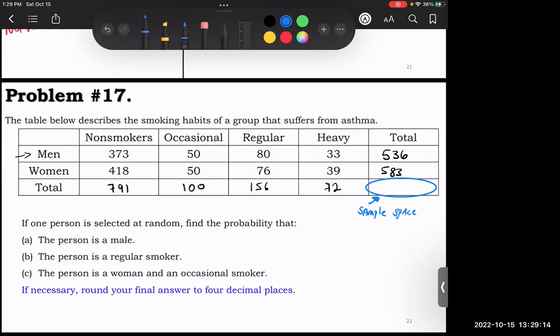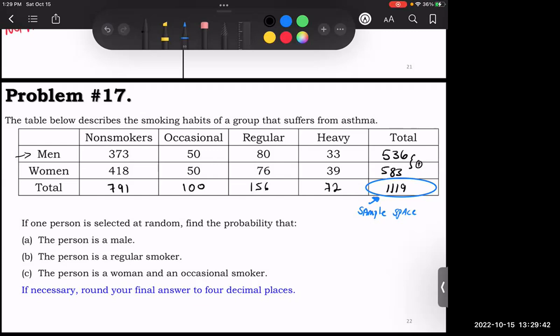If you take the sum of the gender, 536 plus 583, that tells you how many people there are, and that would be 1,119. I got it by just adding these two values. On the other hand, if you were to add up the last row, 791 all the way to 72, that would have told you the number of people with smoking habits.